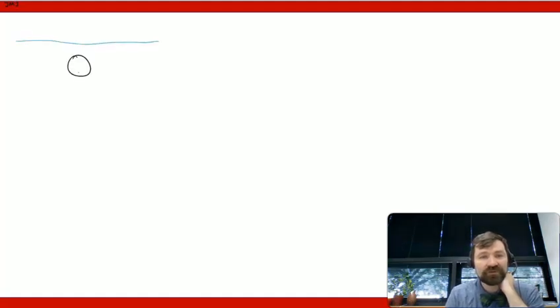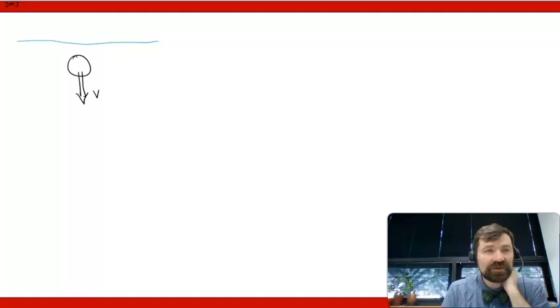Alright, so what about the possibility of an object falling through a fluid? As we did with the other drag force, the air resistance drag force, we might talk about the possibility of terminal speed. So if I have a fluid here and I have an object which is falling through the fluid at some speed v, then I know that my total forces on it will be a buoyant force as well as a generalized Stokes force.